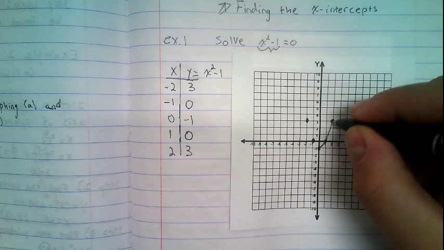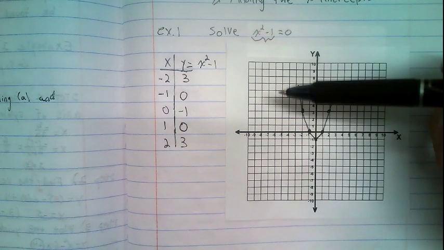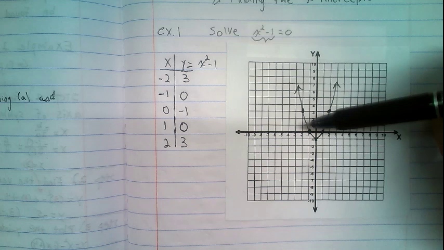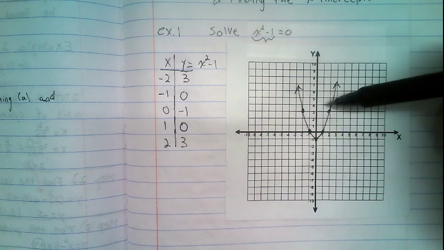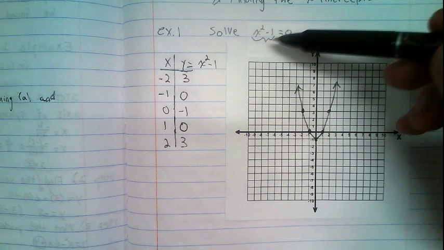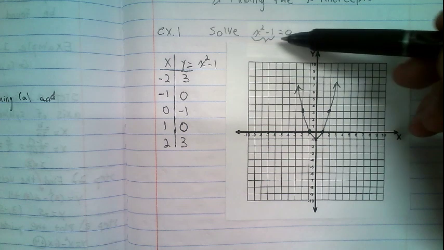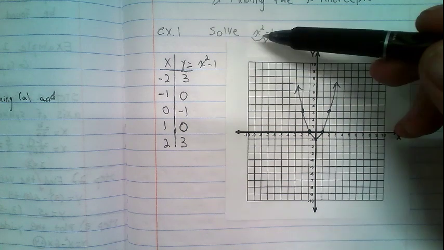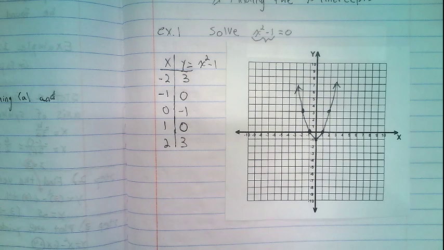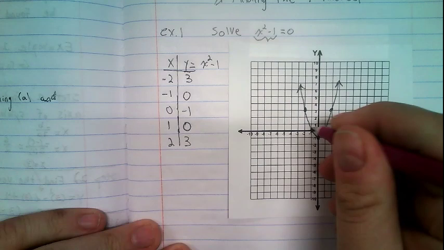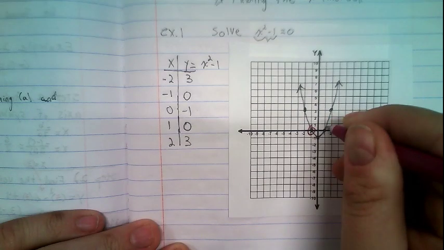It's going to go up like that. This whole curve is x squared minus 1. I'm looking for the values that make x squared minus 1 equal 0, because that's my solution for x. Those occur at the x-intercepts. Where are the x-intercepts in this one? They're at negative 1 and positive 1.